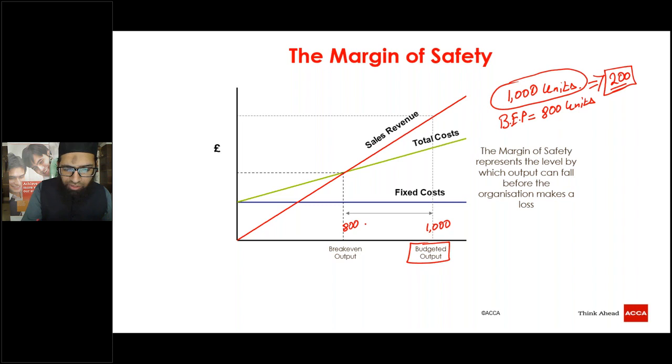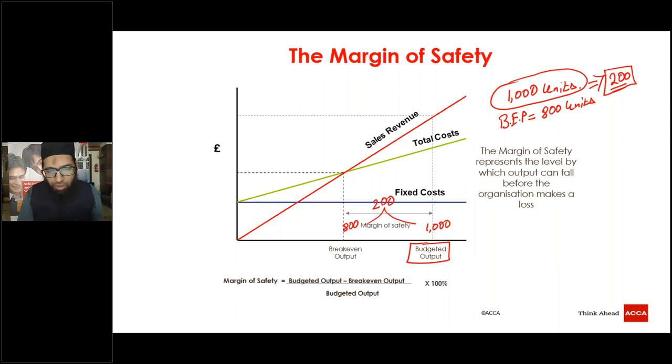So the margin of safety will then be 200. So this is the margin of safety. Now we generally express the margin of safety in percentage. To calculate the margin of safety in percentage, the formula is: first calculate the margin of safety and then divide it by the budgeted output.